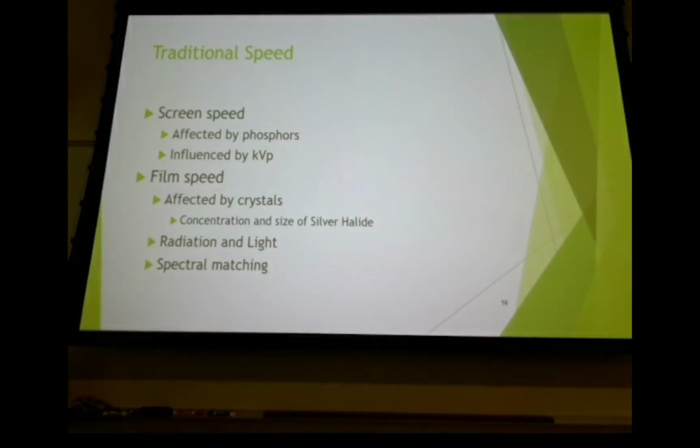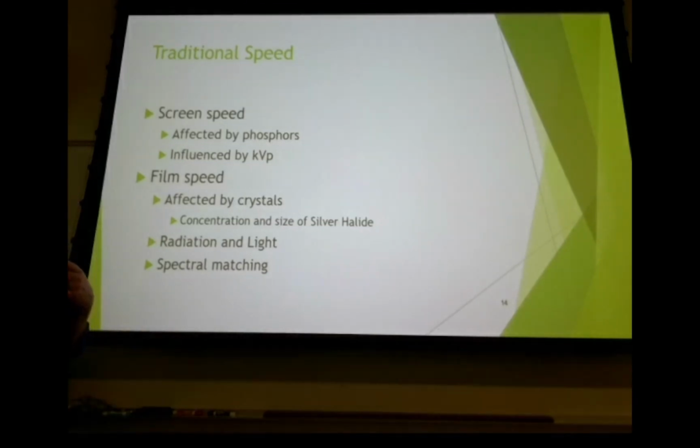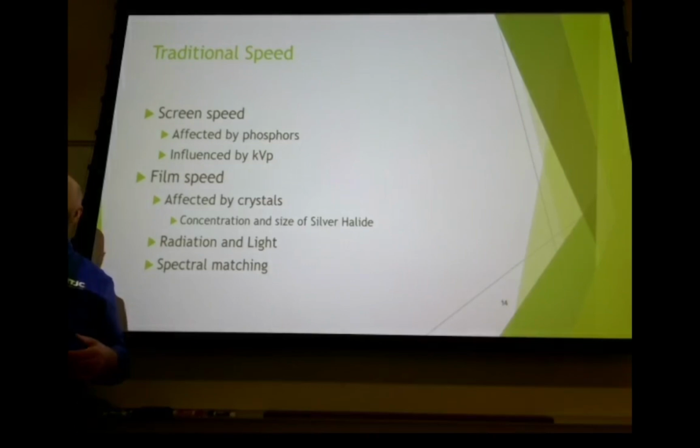Different manufacturers had safe light options. So Kodak, for example, worked off of a green spectrum. Well, what's green? Green screen. Green screen, yeah. But what is the color green? How do you get green? Blue and yellow, right? So it was sensitive to blue and yellow light primarily. It wasn't sensitive to red light.